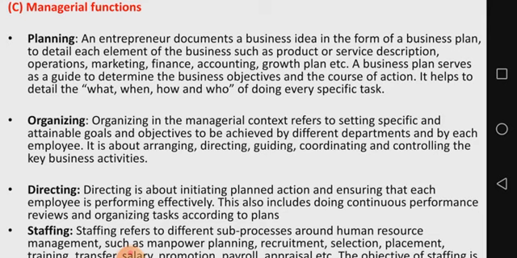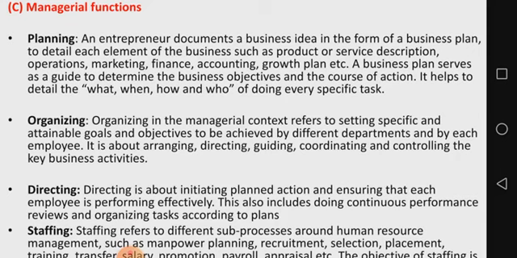Once you have determined it, then you will make an effective plan for your business. This will include everything in a description. The idea you may have in your mind, but now you will convert that idea, that planning, onto paper: what to do, when to do, how to do, and who are the people who will do it for you. So this is called planning.